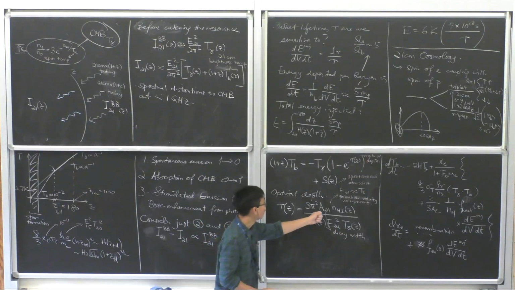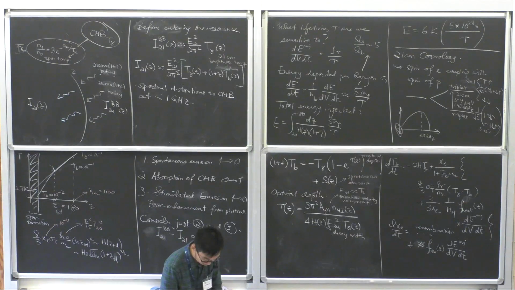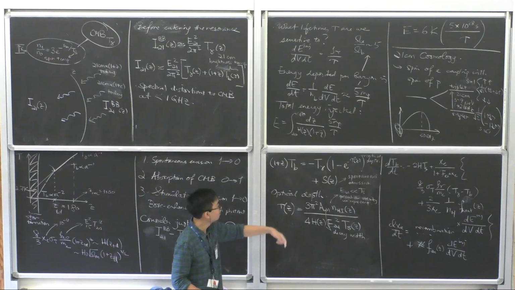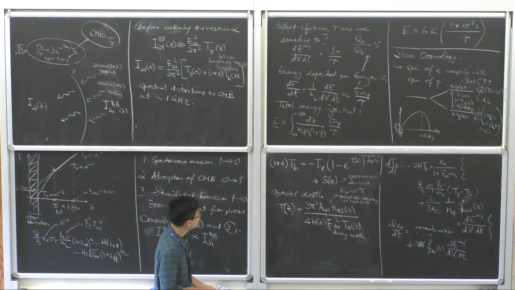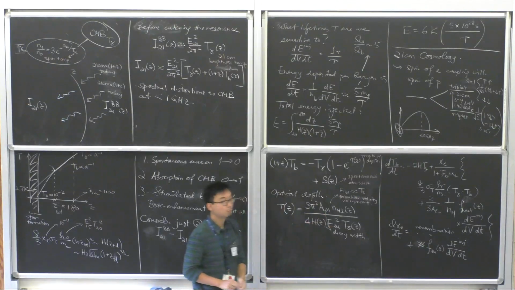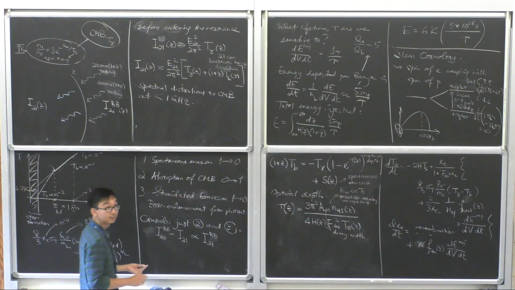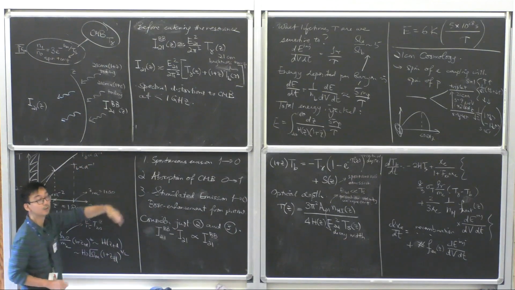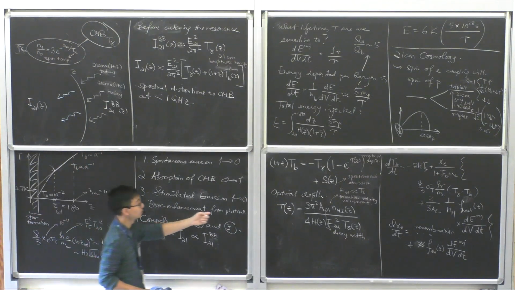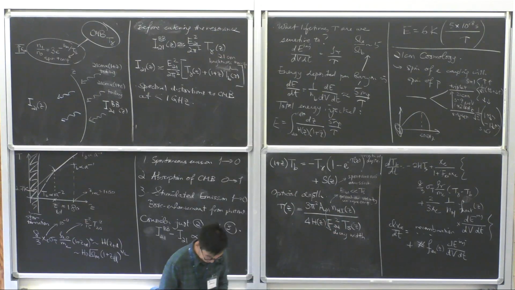And also, 1 over A21 determines the decay lifetime. So let's look at this structure again. Does this make sense? Well, first of all, it's proportional to N_HI, the number density of neutral hydrogen, which makes sense. The more neutral hydrogen there is, the easier it is to absorb the CMB photons. And so the optical depth obviously should be proportional to N_HI.